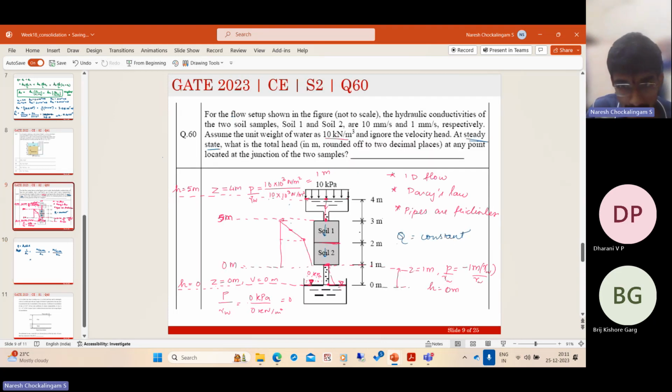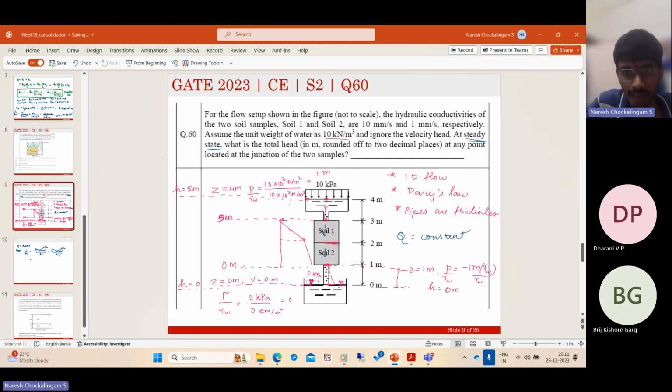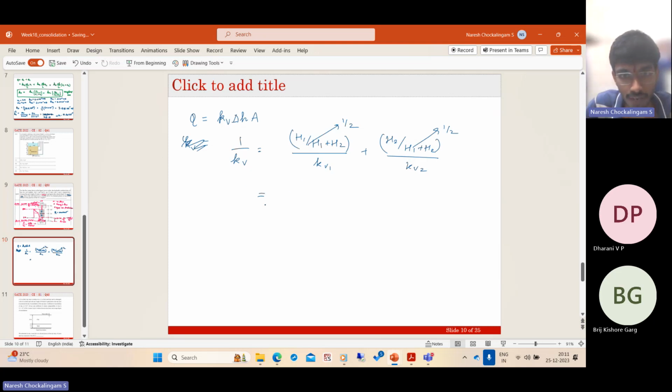In this case, it is simple. This is 1 meter, this is 1 meter. So H1 is 1 meter, H2 is 1 meter. So these two factors are half. And what else is given? They are given as 10 mm per second and 1 mm per second respectively. So for soil one you have 10 mm per second, and in the numerator you have a half. Here you have 1 mm per second, and in the numerator you have a half.